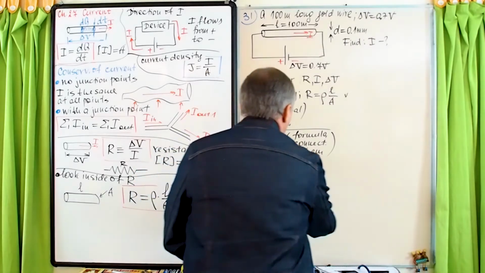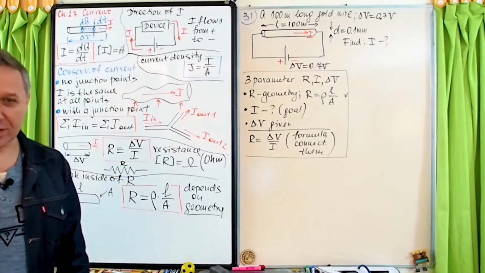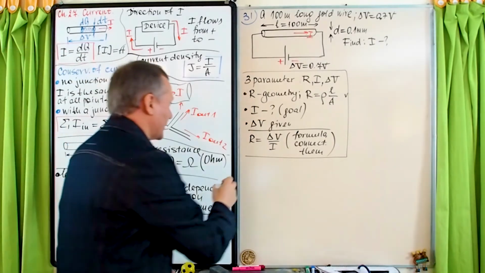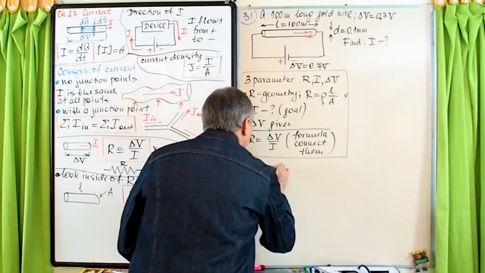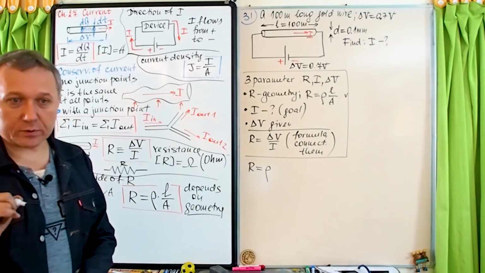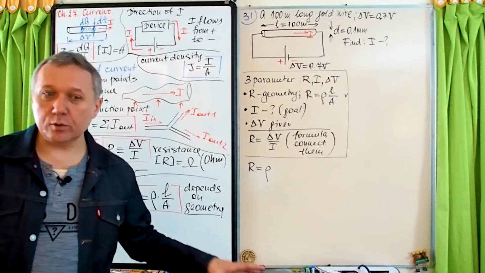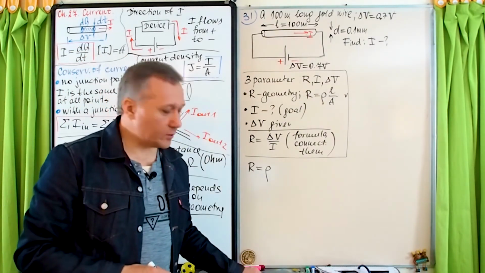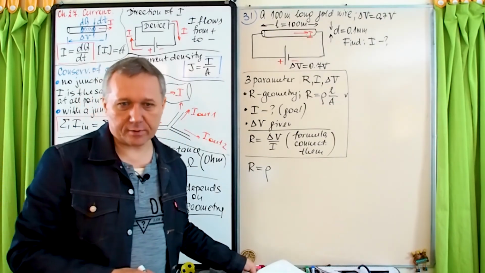Okay, let me separate this discussion of three parameters. Now let's get into the details. First, resistance. Rho for gold is given, information about the material. Please use the book. Don't use Google to find resistivity.